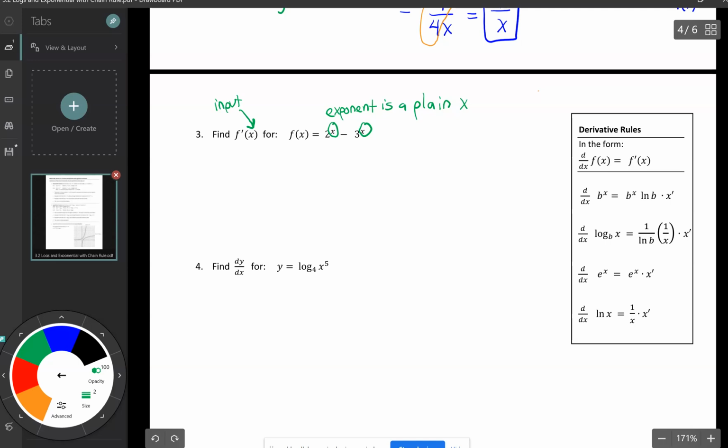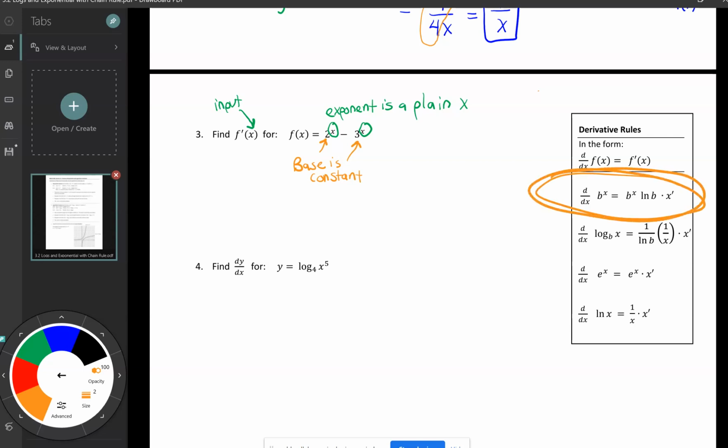But here we go. So let's take the derivative. What rule is that going to fit? What's happening here is that your base is a constant. Both of these bases are constant, but your exponents are x's, right? So that's going to follow this rule right here. It's similar to the e to the x rule, but e is a specific number.